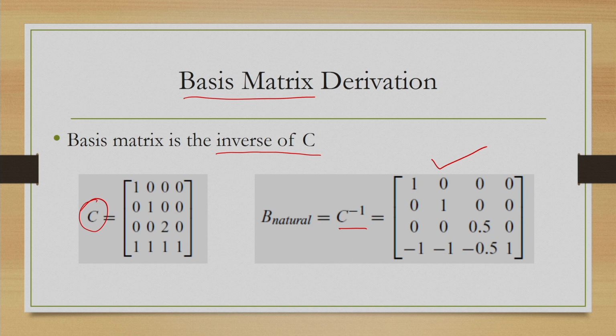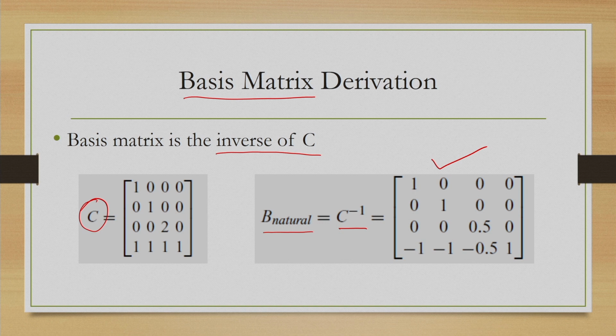So, let us recollect the series of steps we followed to get the basis matrix. First, we defined the control points, then using those control points we set up the system of equations, and from the equations we formulated the constraint matrix C, then we took the inverse of C to get the basis matrix.